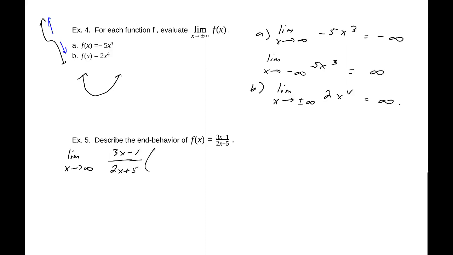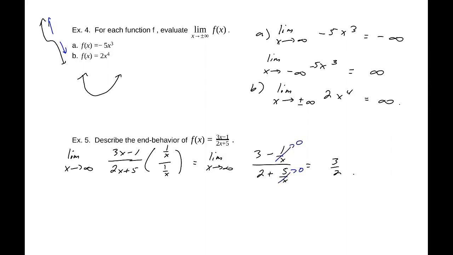I'm going to divide by x on every term here. This would be the limit as x approaches infinity of 3 minus 1 over x divided by 2 plus 5 over x. Because each of these terms goes to 0, this limit is 3/2.